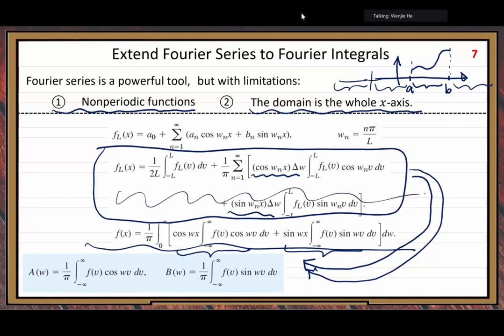People may ask, why do you do this, why do you do that? Here it's a periodic function, but when you get here, it's a non-periodic function, right? That kind of argument may not be very rigorous in math, but people use it to get inspiration, to get something useful.